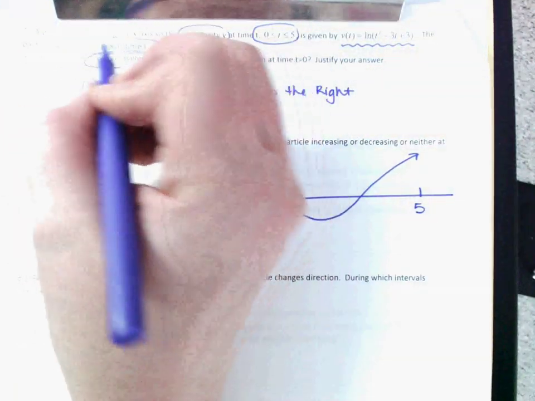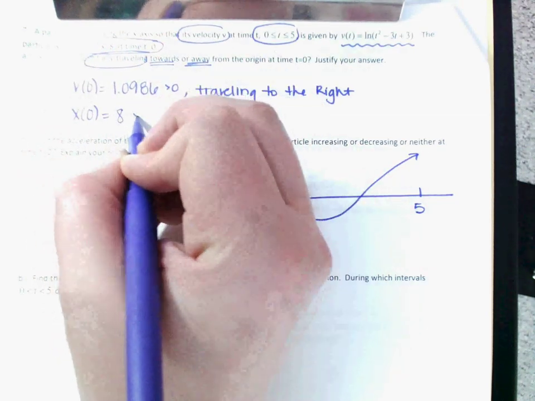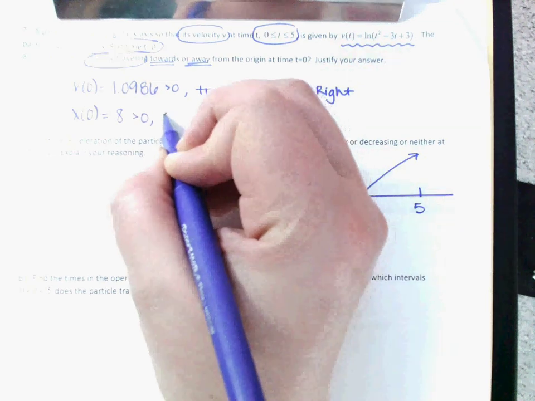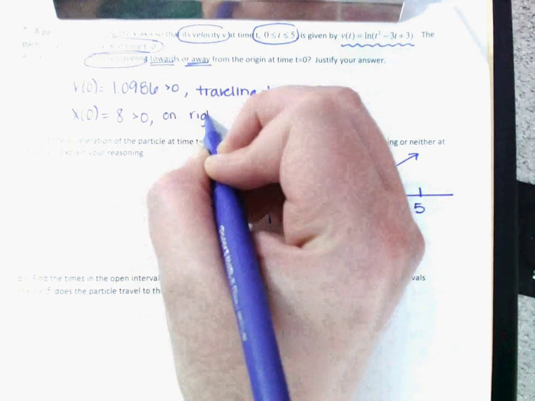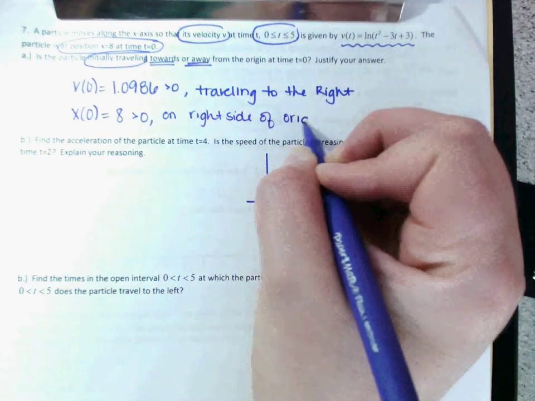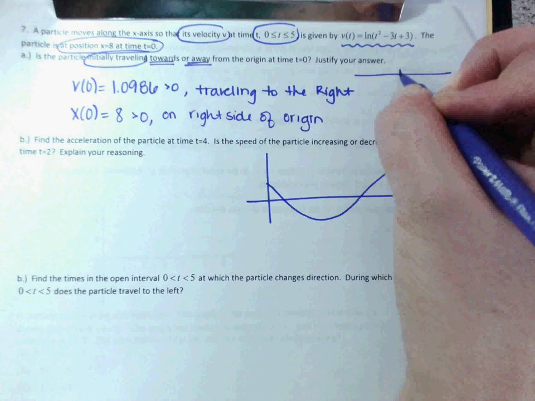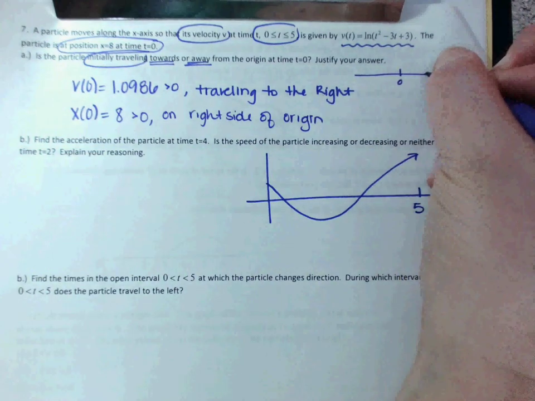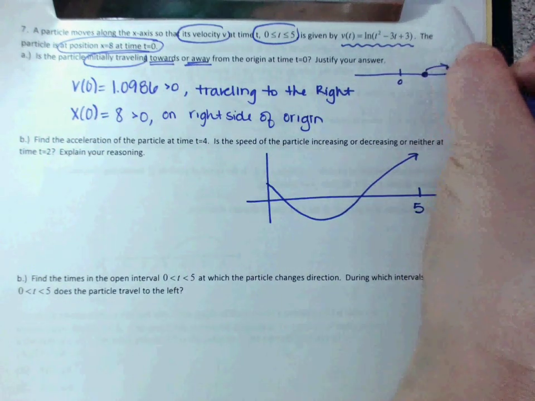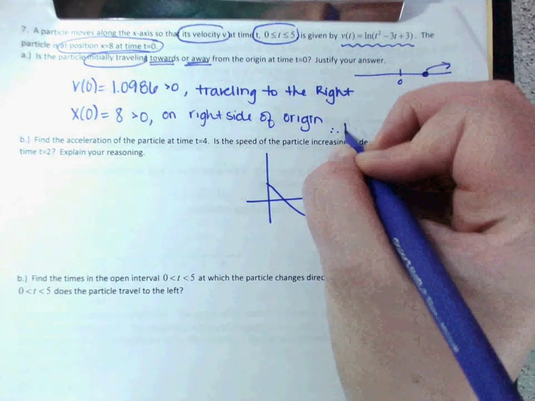So that means that x of 0 is 8, which is also positive, which means that my particle is on the right side already. And so think about, here's my number line, here's 0. My particle's on the right and it's traveling to the right, therefore it is traveling away.